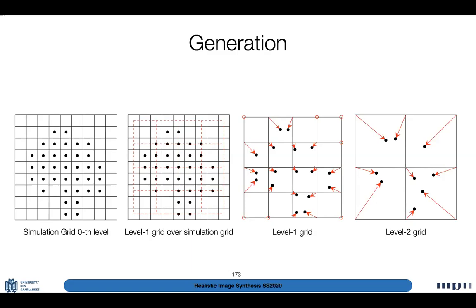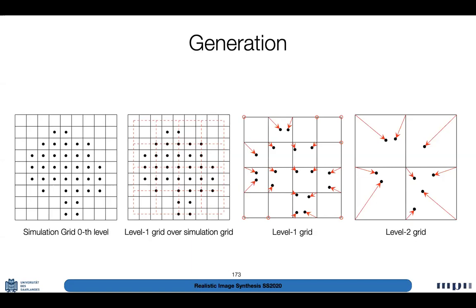And at level 1, they place this dashed grid with coarser resolution, and they perform trilinear interpolation to place the corresponding contribution of these light sources, which are in these dashed red squares, on the vertices in the level 1 grid. And once you have this trilinear interpolation done, then they compute the corresponding contribution of the light sources in each of the voxels.